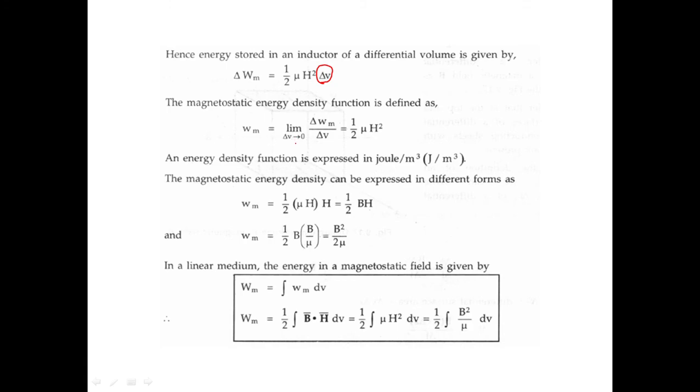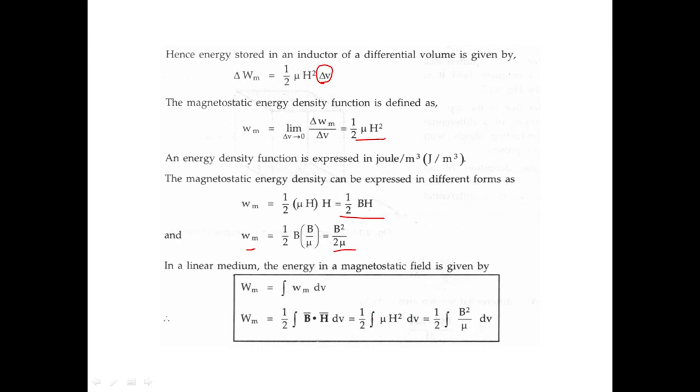So Wm, when delta V tends to 0, we get half mu H square. When you substitute everything here, we'll get half BH, or Wm is equal to B square by 2 mu.